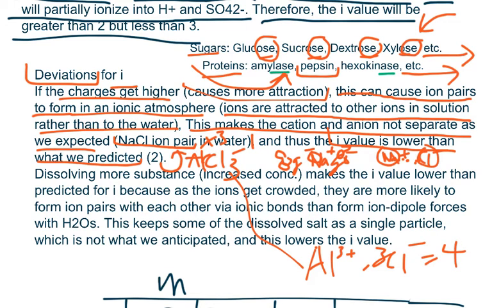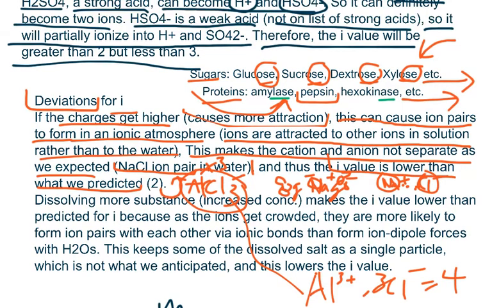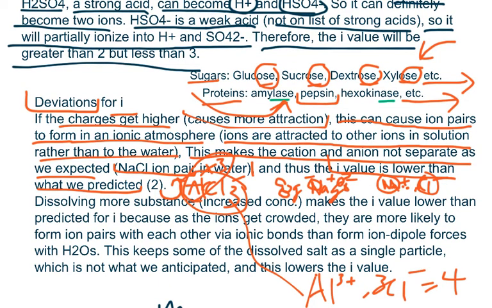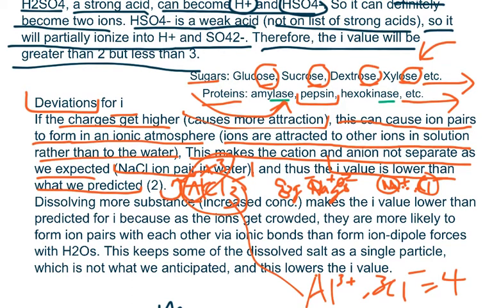But that's not the case. Usually, it's around 3 because of these ion pairs that form, primarily due to the fact that Al3+ is highly charged in terms of magnitude, and because of that, it can cause ions to be attracted to one another in solution. So overall, your i value will be lower than usual depending on how charged your atoms are.